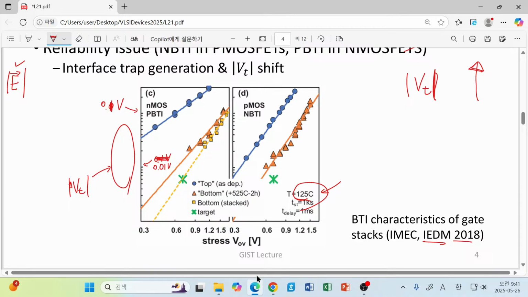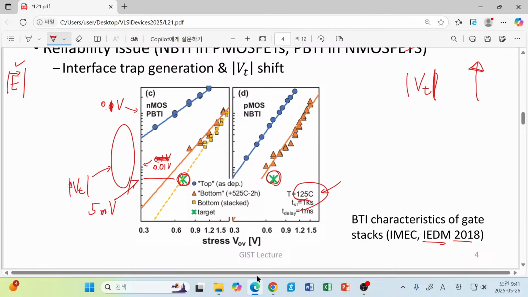It means that now, think about this one. Here we have the target. Target means that this is the acceptable range of threshold voltage shift, and this value is maybe corresponding to 5 millivolt.